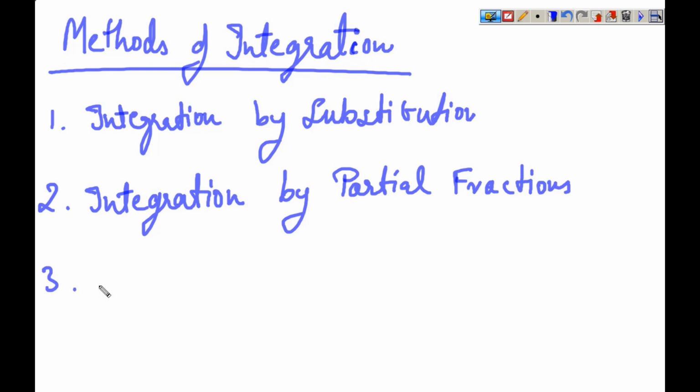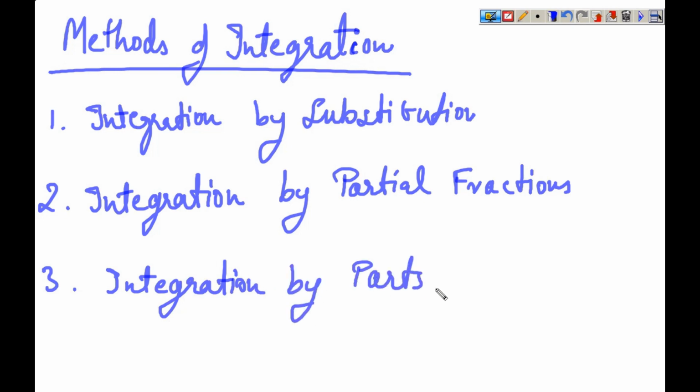And the third one is integration by parts. So in this video we are going to talk about integration by substitution.